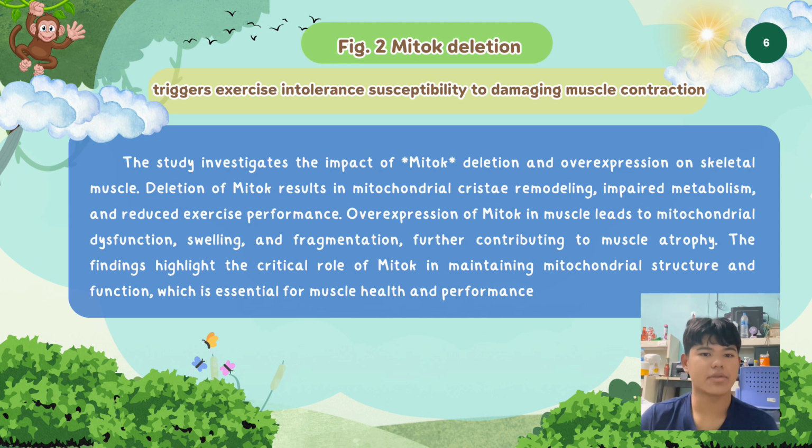Overexpression in muscle led to mitochondrial dysfunction, swelling, and fragmentation, further contributing to muscle atrophy. The findings highlight the critical role of the channel in maintaining mitochondrial structure and function, which is essential for muscle health and performance.